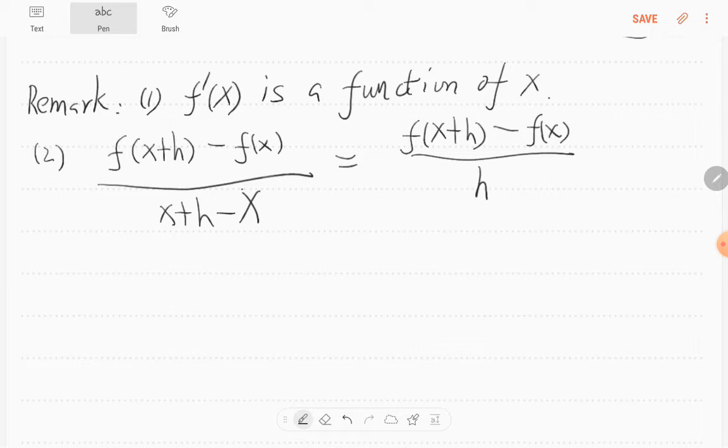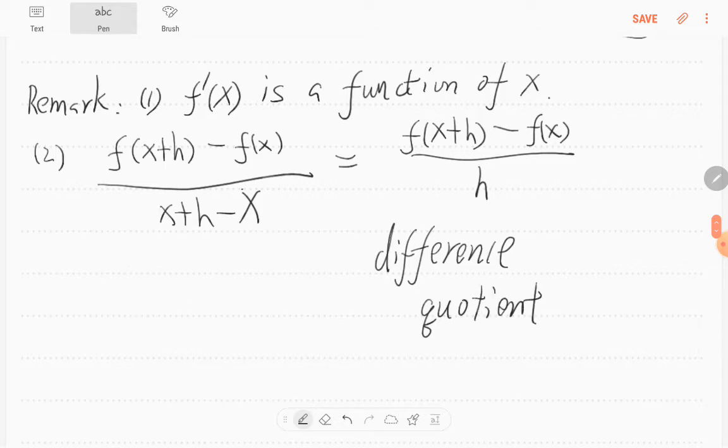This is called the difference quotient. Why do we call it the difference quotient? Because the numerator is the difference of the y coordinates, and the denominator is the difference of the corresponding x coordinates, right?